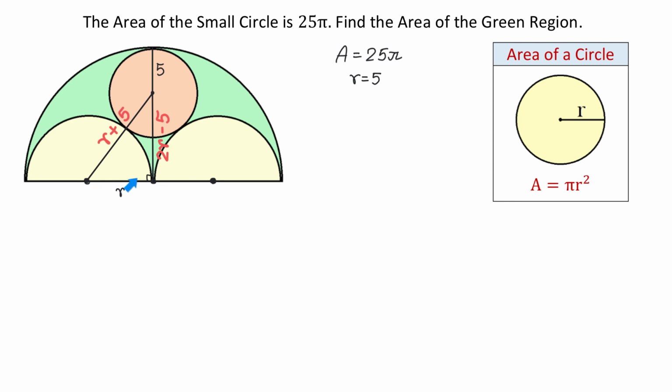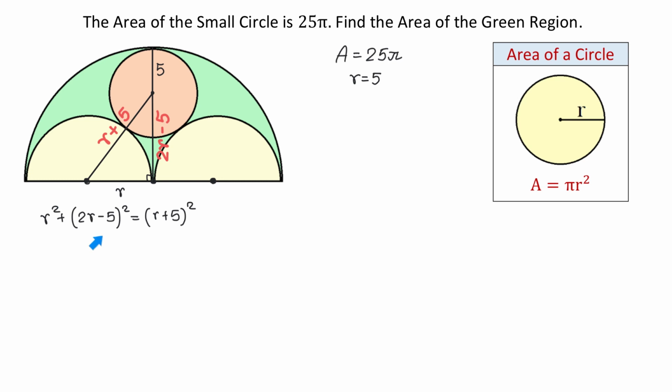That is, one side squared plus another side squared equals the hypotenuse squared. So we will write r squared plus (2r minus 5) all squared equals (r plus 5) squared. So now if we solve this equation, then we will find the radius r.